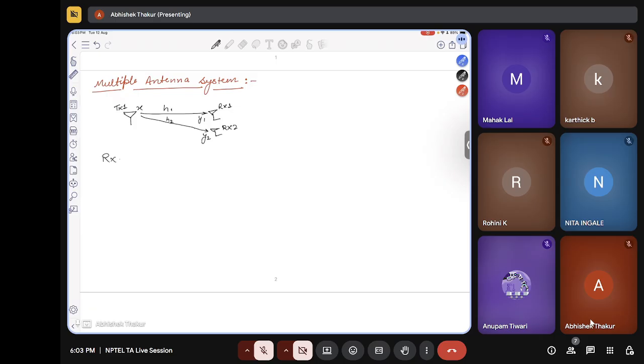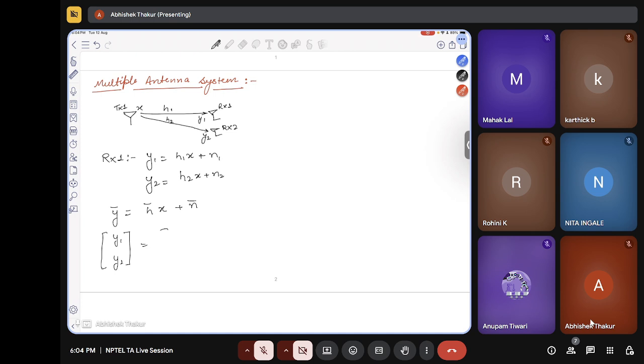So at receiver 1, the received symbol is Y1 equals H1X plus N1, and Y2 is equal to H2X plus N2. So the received vector Y bar will be the channel vector H times the symbol X plus the noise vector N.